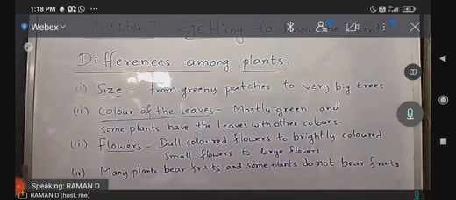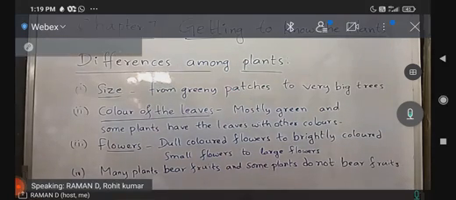The flower of the rose plant does not develop into fruit. Got my point? But if a fruit is formed on a plant, it is going to develop from a flower only. Directly, fruit is not produced on the plant. First the flower is produced, then from the flower the fruit is developed. Understood?